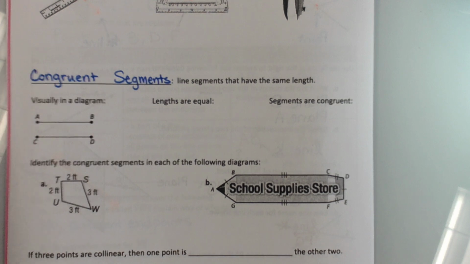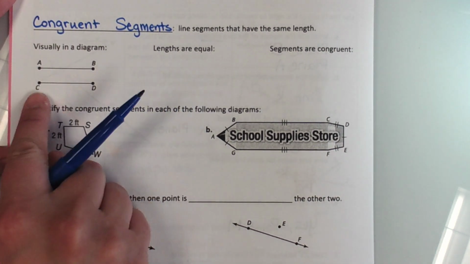Now, segments that are congruent will be referenced that way visually in a diagram, or they can show that they have equal lengths, or there's an actual symbol for congruent. And these are 3 different notations that we're going to use actually a lot in here.